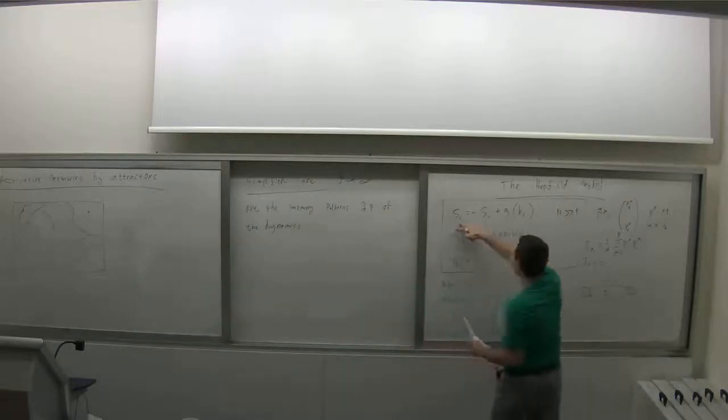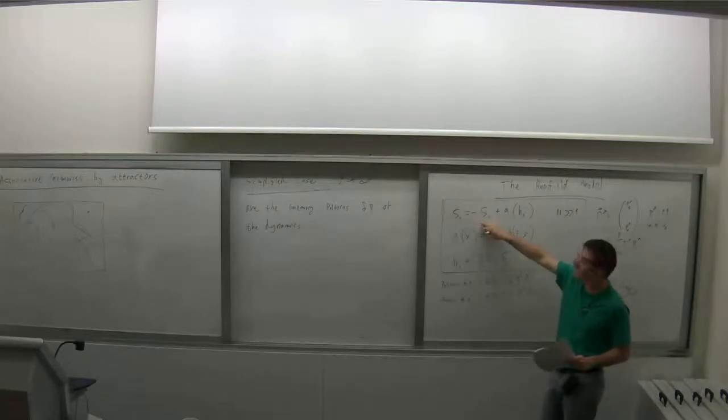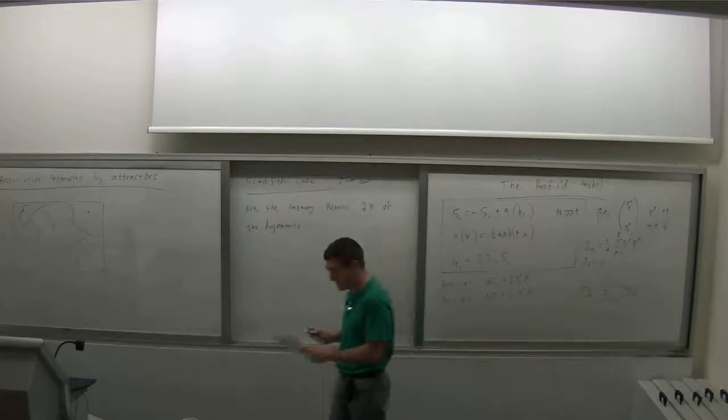Okay, so what's a fixed point of this equation? Si is equal to G of Hi. That's a fixed point equation for each of the neurons. What's G of Hi in the limit of beta goes to infinity? Sine.